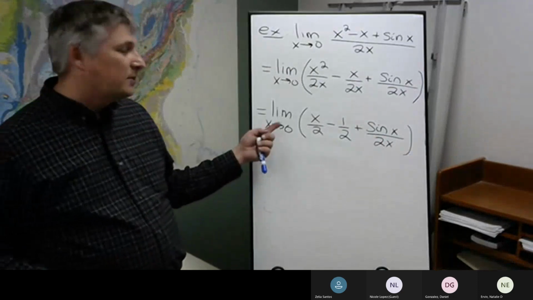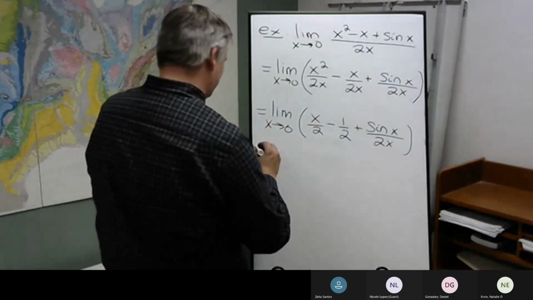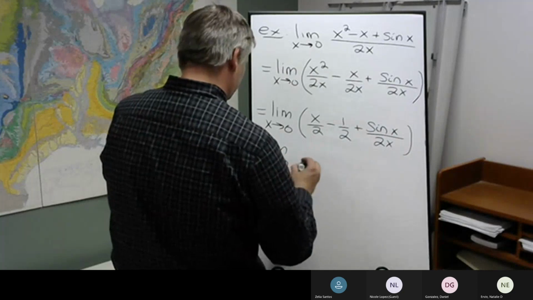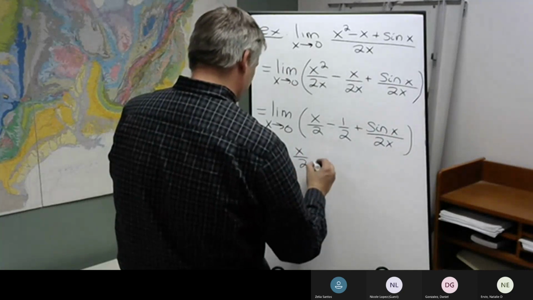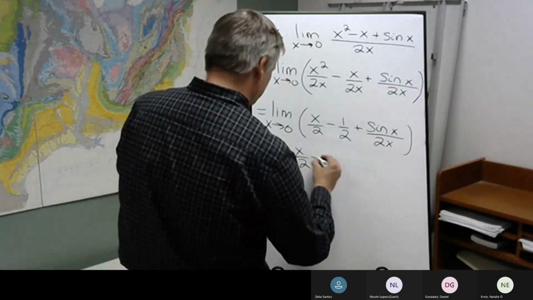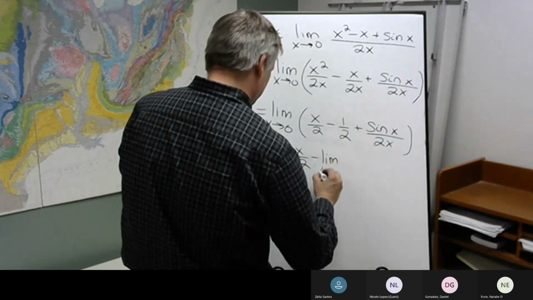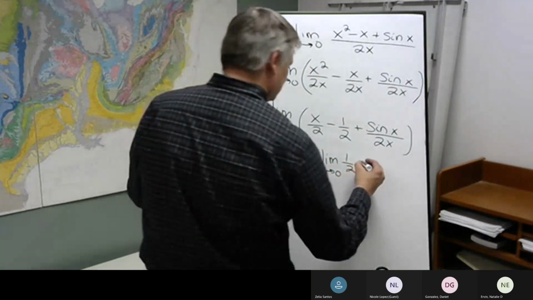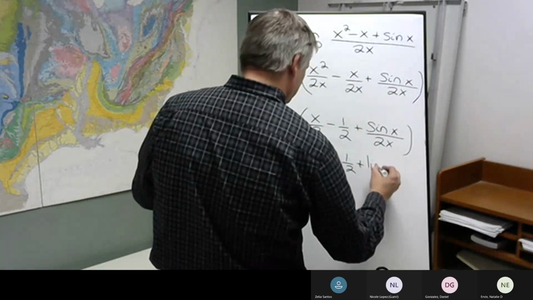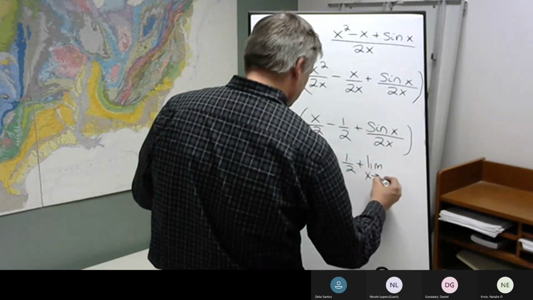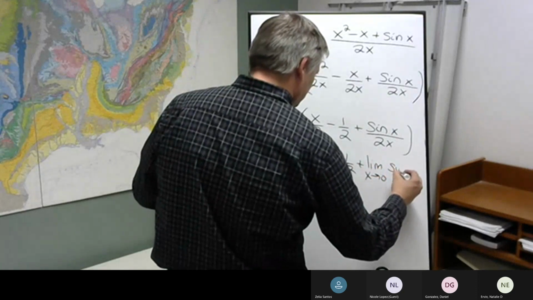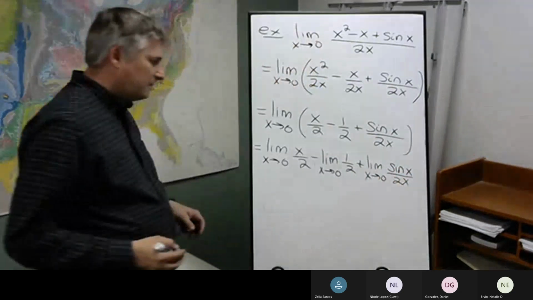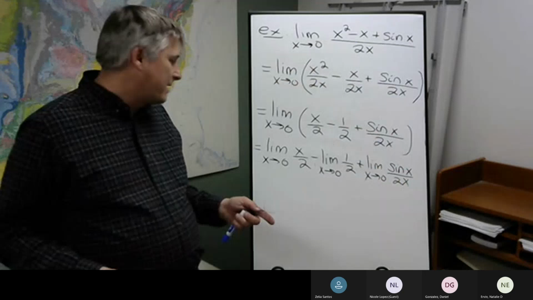So now we can distribute this. So these first two limits aren't too bad.